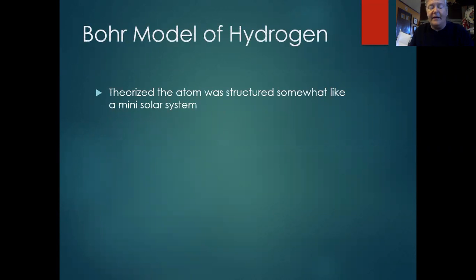Now, another thing that happened to go along with this concept that Max Planck came up with was something called the Bohr model of hydrogen. Up to now, people weren't sure what the structure of the interior of the atom looked like. They thought maybe it was like a mini solar system, or maybe some people thought it was more like what they called a plum pudding, where there was this diffuse charge, kind of like the pudding, and then the electrons were stuck in there like the plums, or I think of it as chocolate chip cookies.